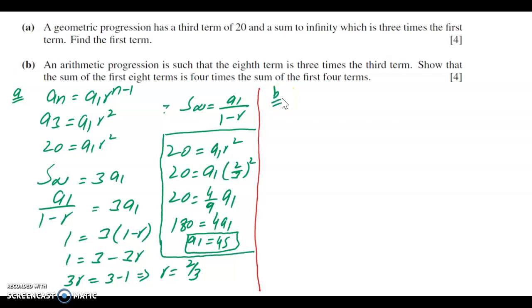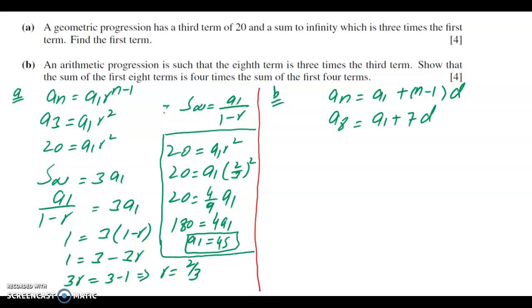Okay, similarly in part B, it says an arithmetic progression is such that the eighth term is 3 times the third term. First of all, we need the formula, which is a1 plus n minus 1 times the difference. So the eighth term will be a1 plus 7d.